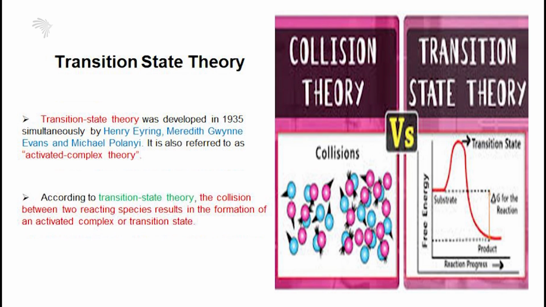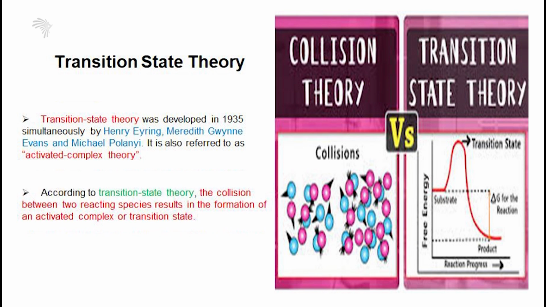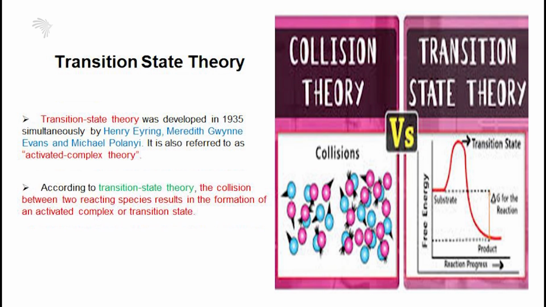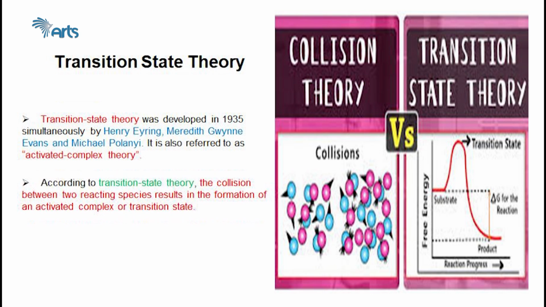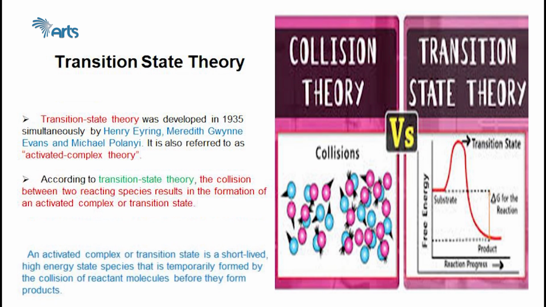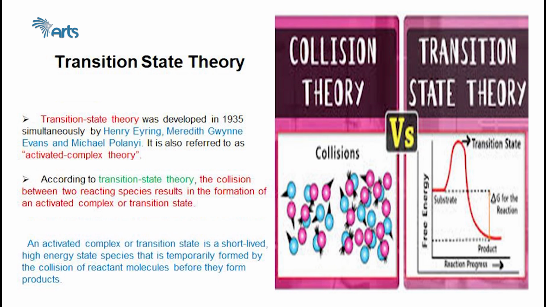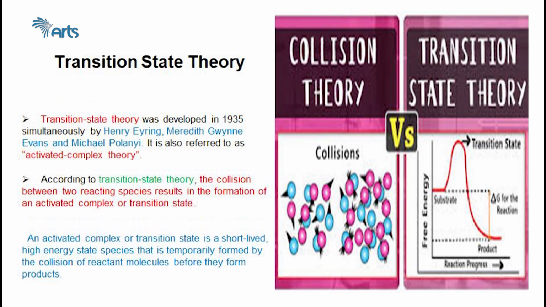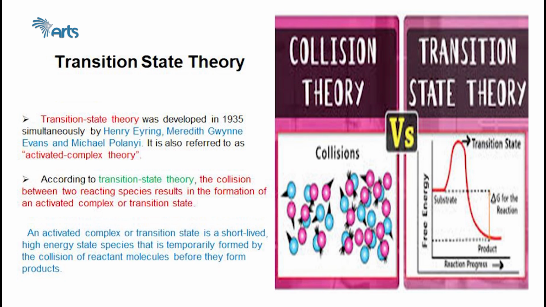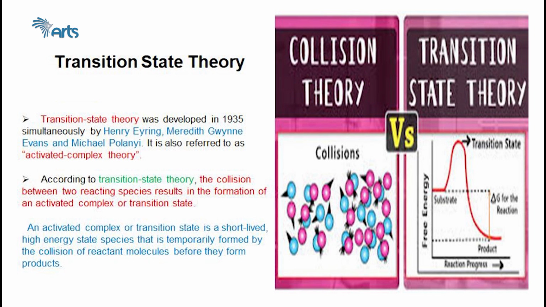According to transition state theory, the collision between two reacting species results in the formation of an activated complex or transition state. An activated complex or transition state is a short-lived, high-energy species that is temporarily formed by the collision of reactant molecules before they form products. These last two statements explain what transition state theory is all about.